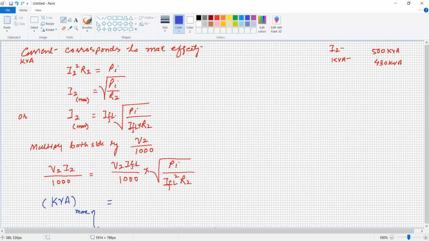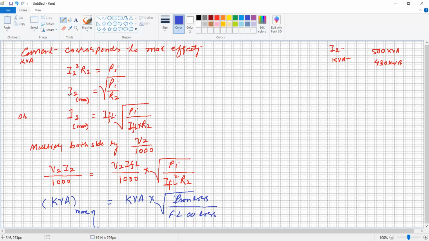It equals V2 IFL, that is again the kVA rating of the transformer, multiplied by under root iron loss divided by IFL square, that is full load current square, multiplied by resistance R2, which is the full load CU loss.